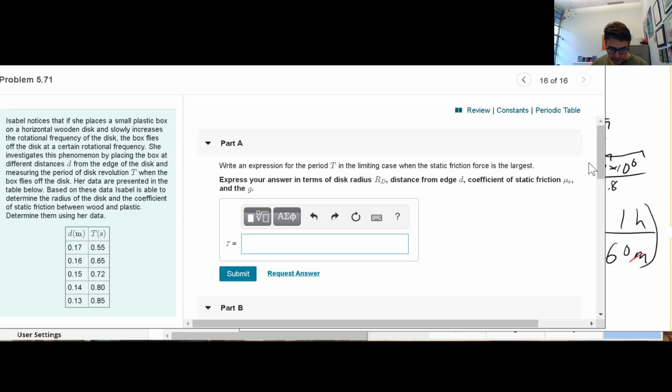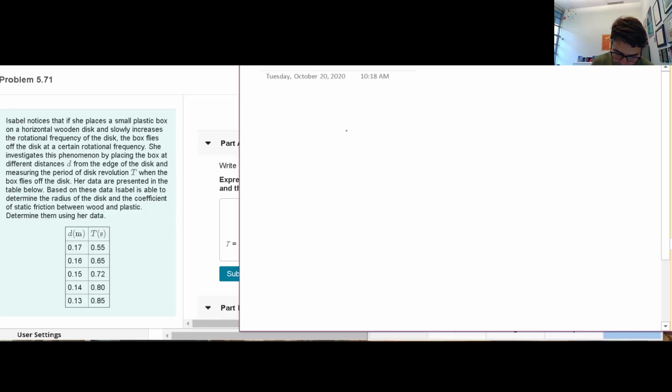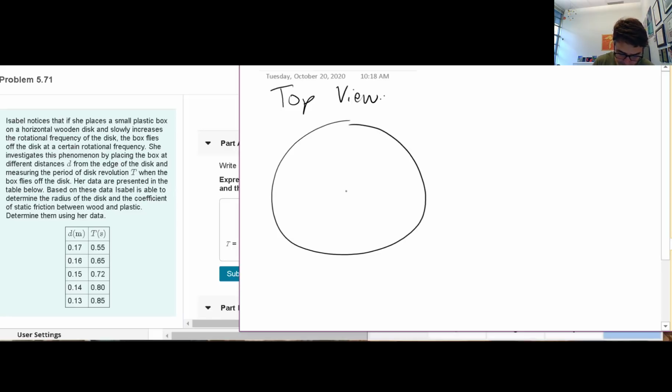Okay, so I think we have to work this out. Let's draw a picture. So this is the top view. What we've got here is a disk of radius r, which we don't know, and we've got the box right there, and this is some distance d from the edge, which is a bit weird, and then the whole thing is going at some speed v, and the period is t.